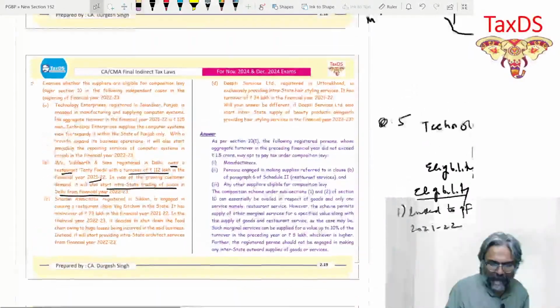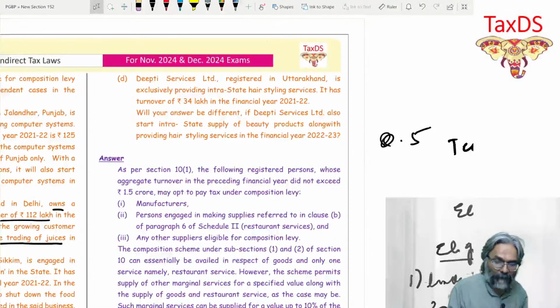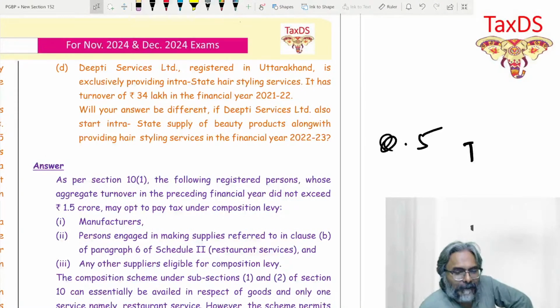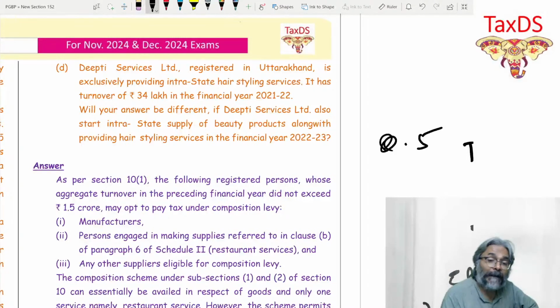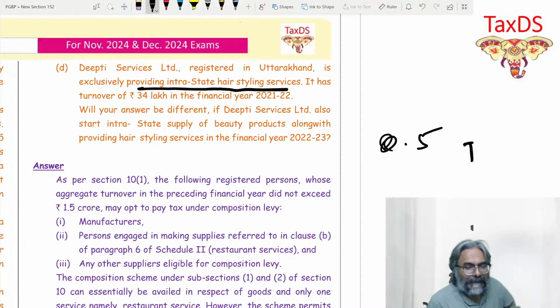This part, students, I have discussed with all of you in the conceptual class. Dipti Service Limited, registered in Uttarakhand, is exclusively providing intrastate hairstyling service. So where will hairstyling go? 10-2A.